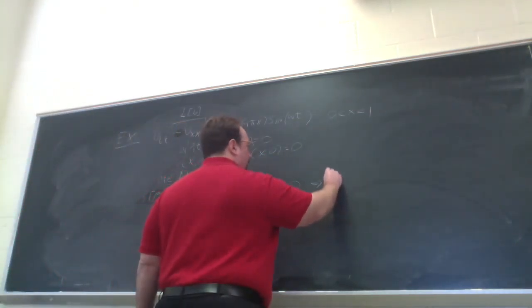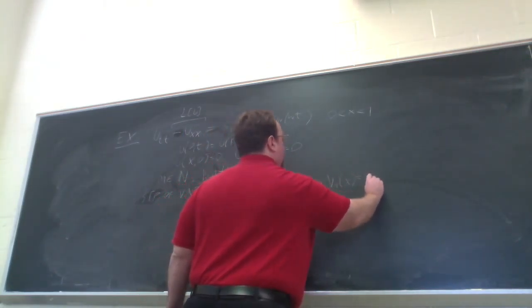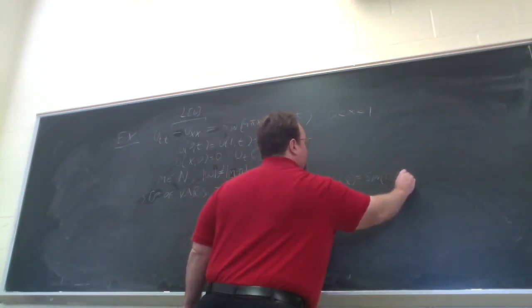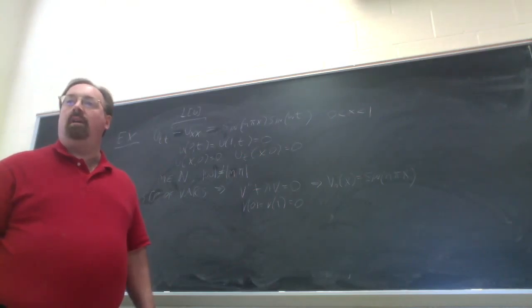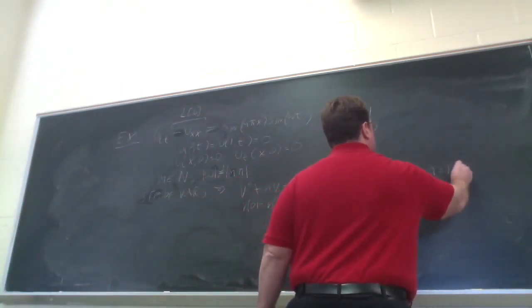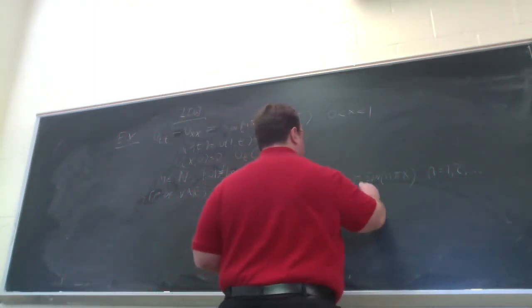So our eigenfunctions are sine n pi x over 1. It's n pi x over L, but L is 1. And then we have our eigenvalues. They're just the constant squared.